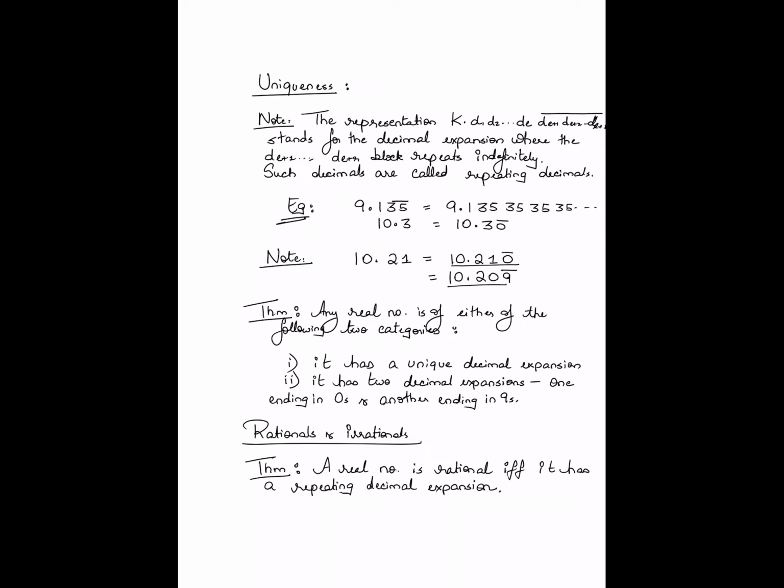Remember that all your terminating expansions are also repeating expansions. All you're doing is padding it with a 0, and all these terminating expansions in fact have another non-terminating repeating expansion where the repeating component is 9.